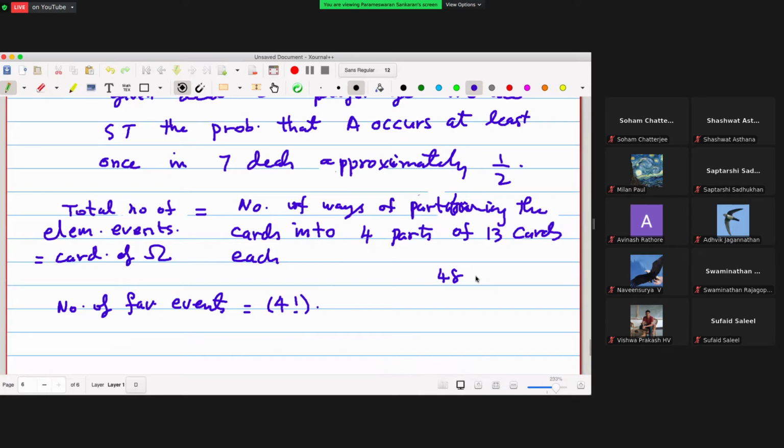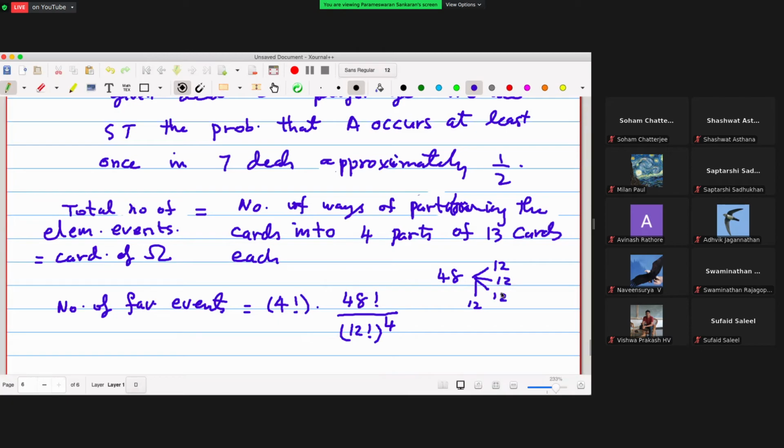The remaining cards are 48, and you want to make them into 4 piles, 12, 12, 12, 12. But within each one of these 12, the order doesn't matter. So that amounts to 48 factorial divided by 12 factorial to the power 4. Okay, this is the main thing.